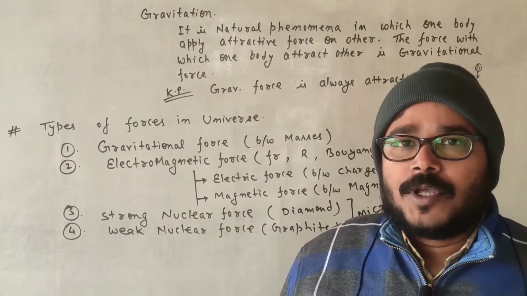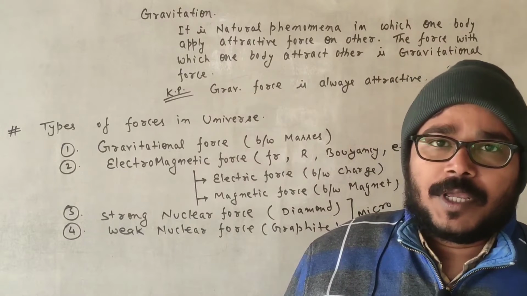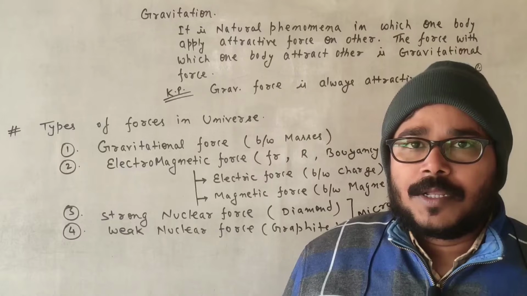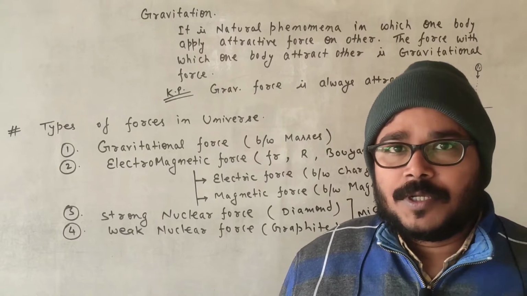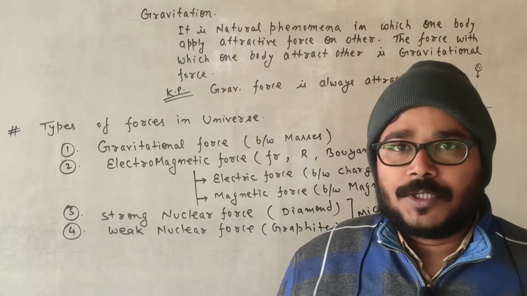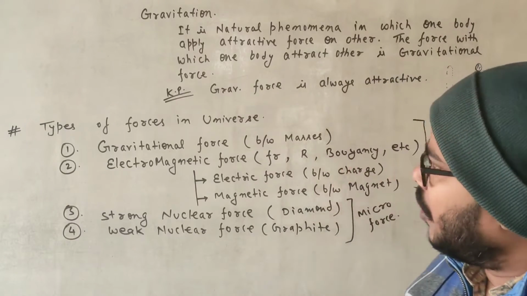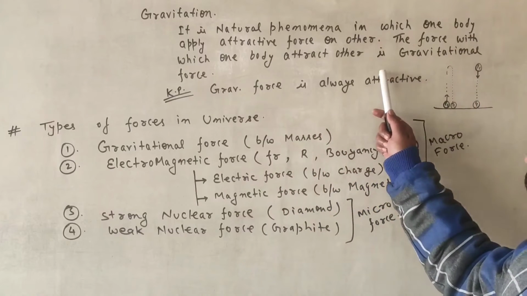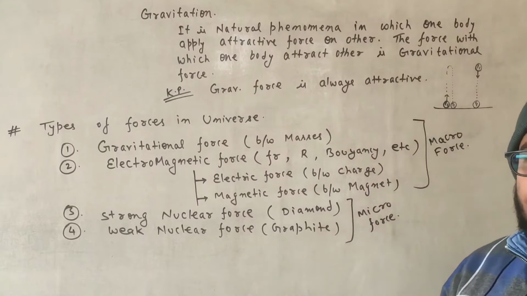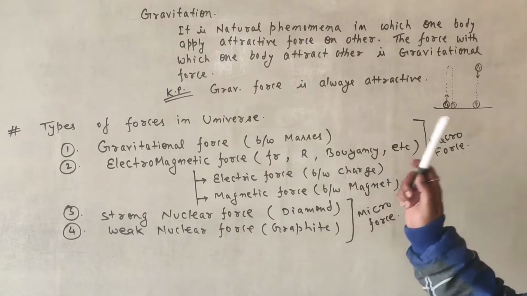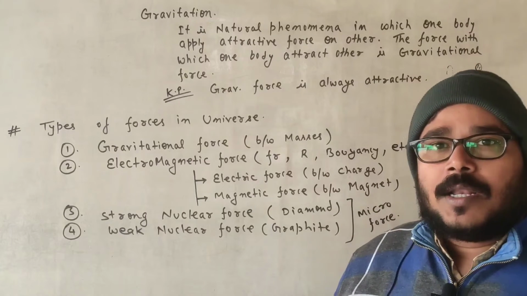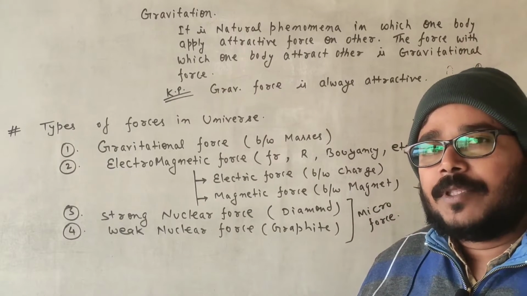Whenever you see one body apply an attractive force on another, then that force must be gravitation or due to gravitation. First identification: it is always attractive. Second, this force always acts between masses.